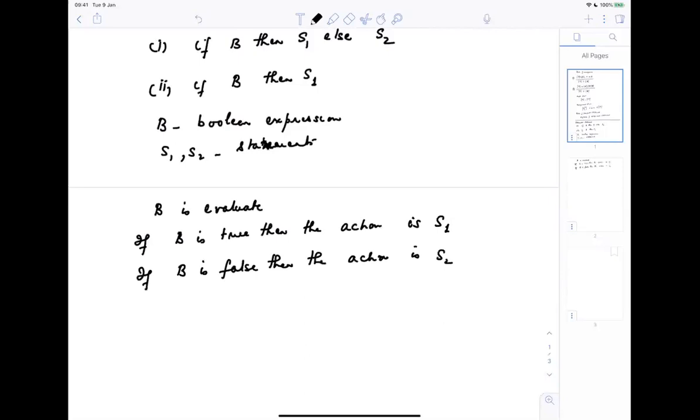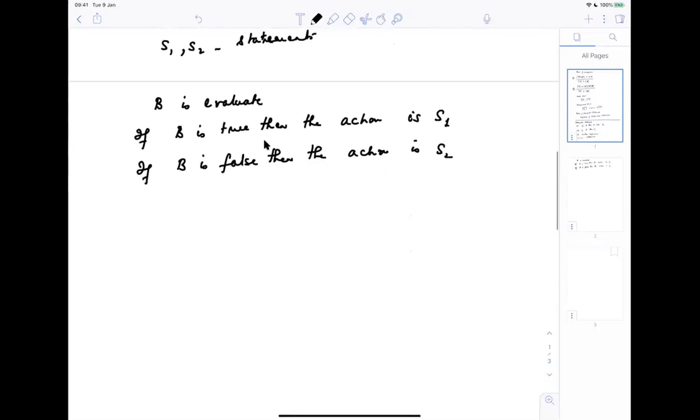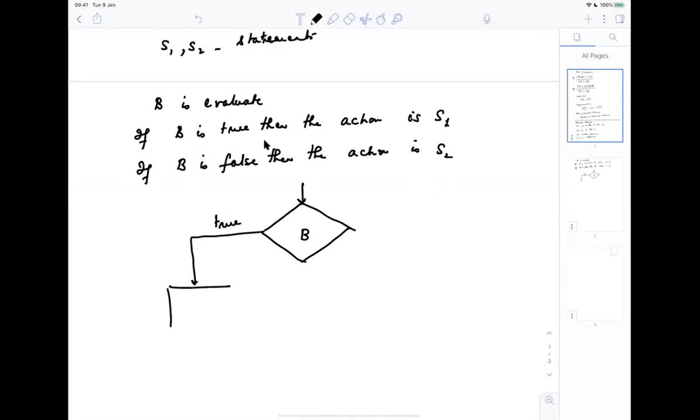Okay? So we draw it pictorially, for example. We write something like this. Here, if it evaluates to true, then we have S1, and if this evaluates to false, then we execute the statement S2.